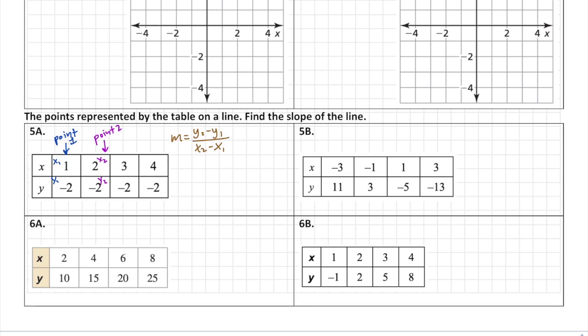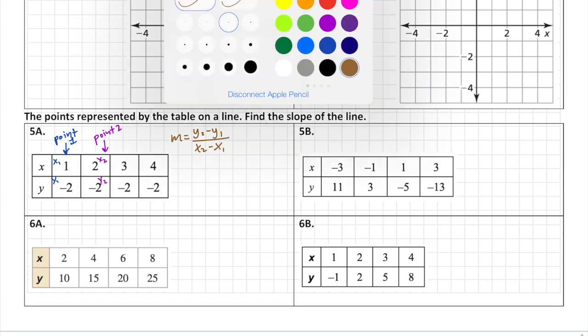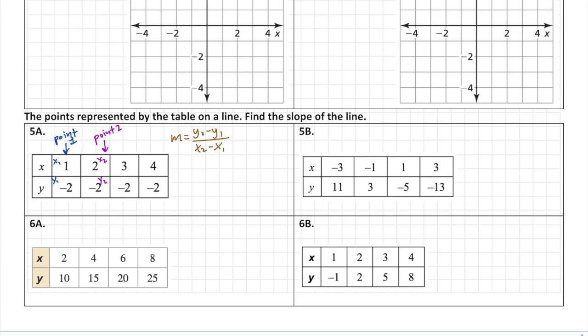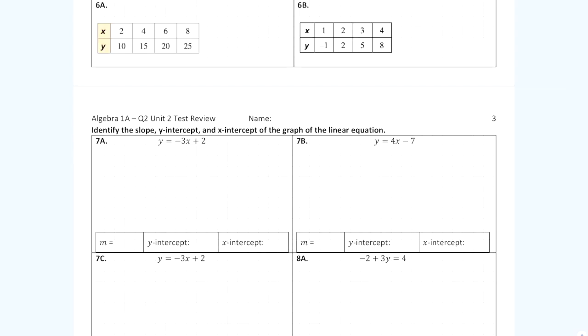Now, I could have picked any of these points and I could have done a bunch of different combinations, but I will follow along with what I've got here, doing m is equal to -2 minus -2 all over 2 minus 1, and I get a positive, so really I get a 0 over 1, and in this case 0 over 1 equals 0. So actually I have no slope for this particular problem.